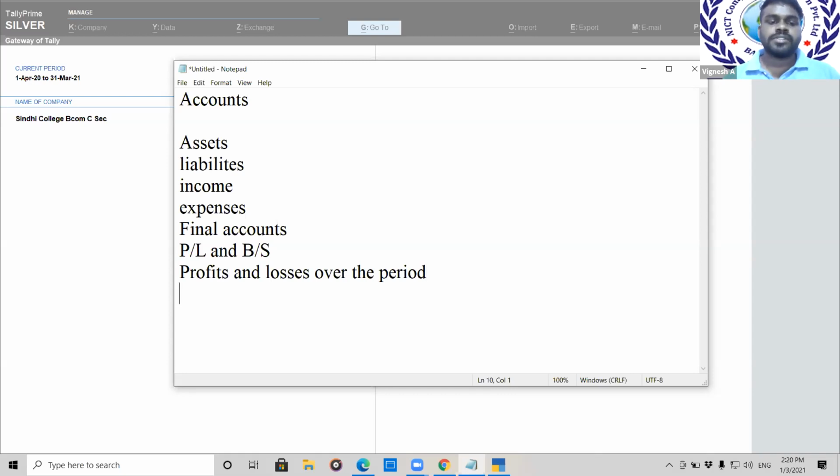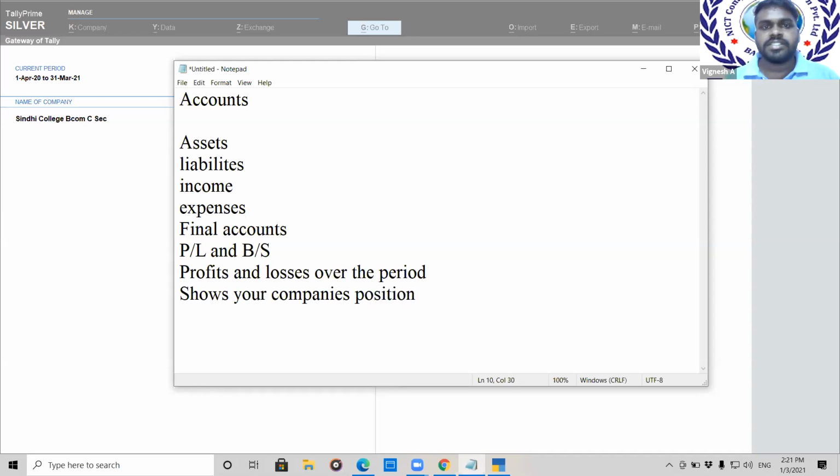What the balance sheet shows you is your company's position, your company's value. What is your company's assets value? How much you are liable for? That shows your company's position.